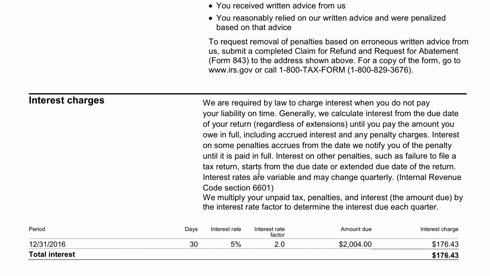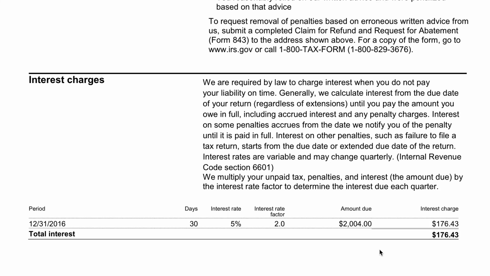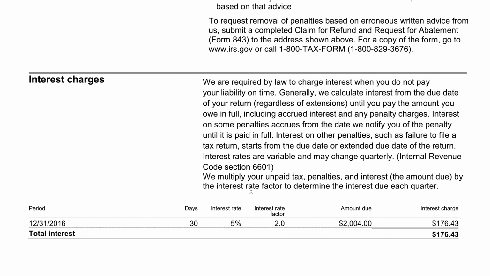There's also interest on this amount due that was due on 12/31/2016. Again, this is an example. It doesn't seem like this is something you would see in a real setting. If you're due a refund, I've never seen someone that's owed a refund and also is required to pay interest, unless for some reason they owe prior taxes for a previous tax period.